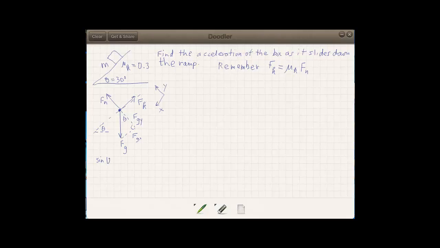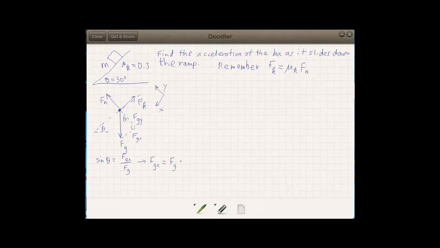From the right triangle, we can see the sine is the opposite side over the hypotenuse, so that's Fgx divided by Fg. Fg is the hypotenuse of that triangle, the whole force of gravity pointing down. So from this, right away, I can say that Fgx is Fg sine theta.